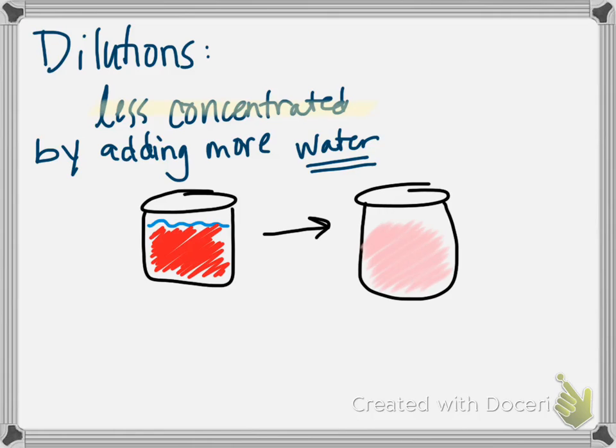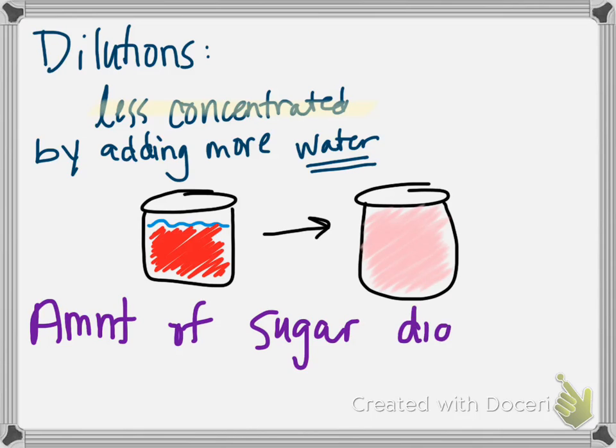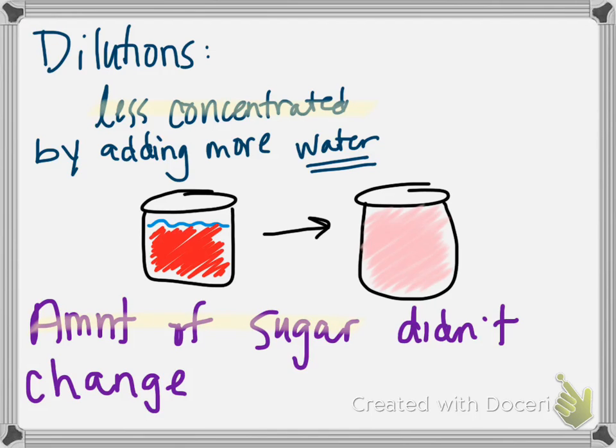Now the main thing that I want you to realize from this dilutions picture here is that you are adding more water, but you're not changing the amount of sugar, right? The amount of sugar did not change at all. Now, when we work with solutions, we're not always working with sugar, of course, but when we're saying that our amount of solute, or our amount of stuff, did not change, we can instead say the moles, right?